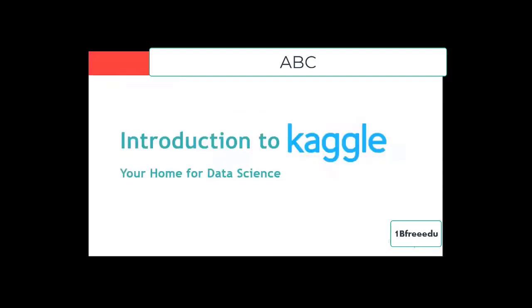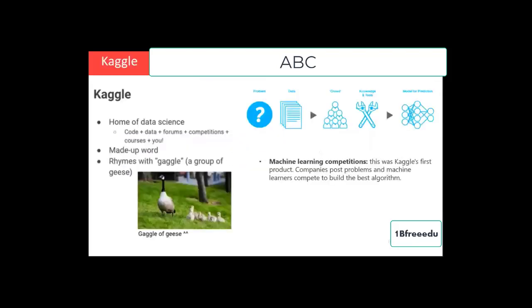Okay, so we talked about the in operator. Now I want to spend 5 minutes on an introduction to Kaggle, your home for data science. So what is Kaggle, people? It is a combination of code, Python code, R code also, most of the time Python code, to solve some problem, data that is used to solve that problem, discussion forums to discuss that problem, competitions.